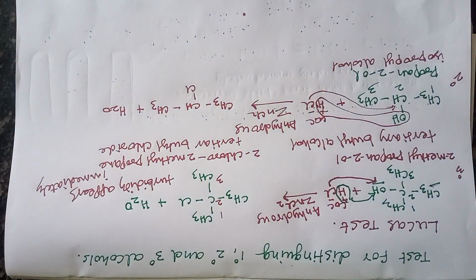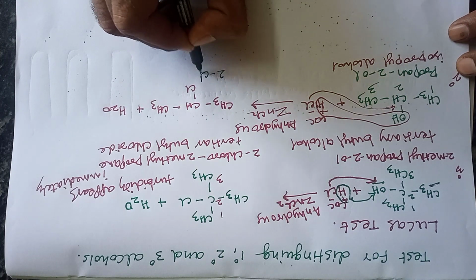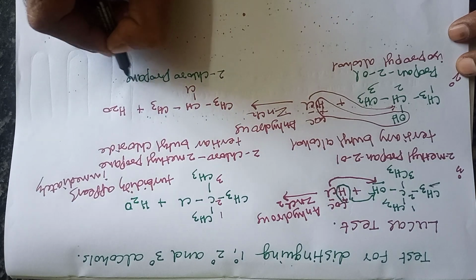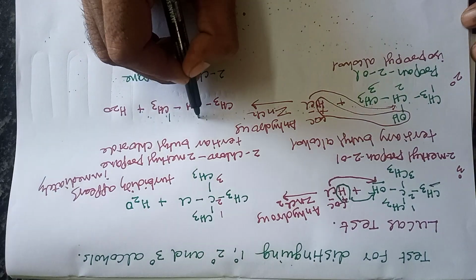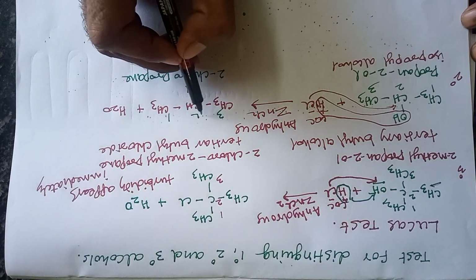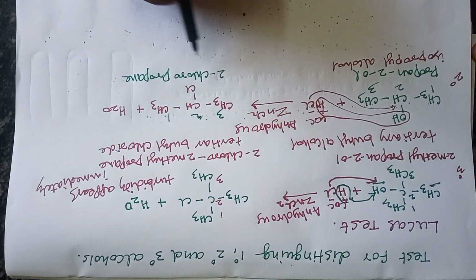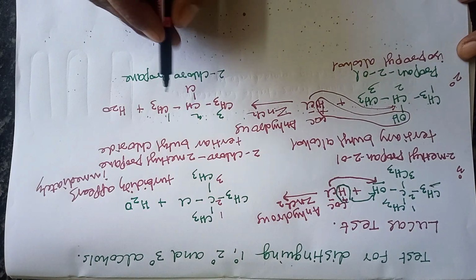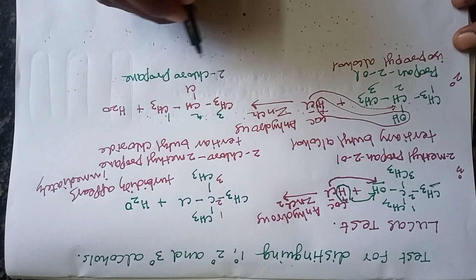So the name of this compound is 2-chloropropane. This is 1, 2, 3, and the halogen is present at the second carbon, so we can say 2-chloropropane. Here with secondary alcohols, the appearance of turbidity occurs within 10 minutes, approximately 5 to 10 minutes.